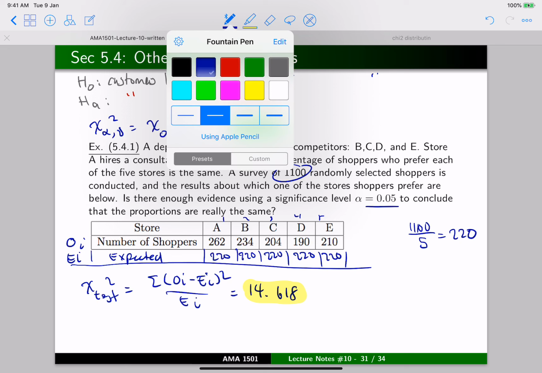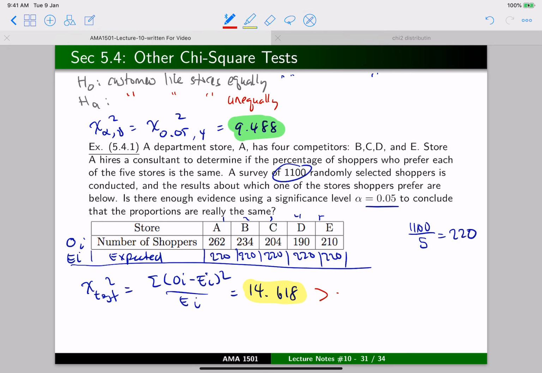So therefore, this is greater than chi alpha nu squared. So therefore, we reject the null hypothesis. Reject. And customers like stores differently. Right? Different. Not the same, okay?